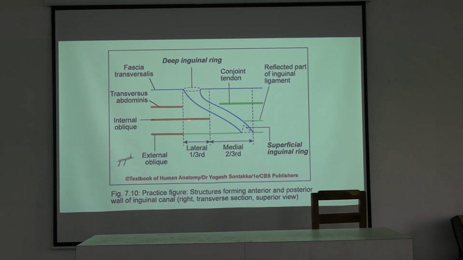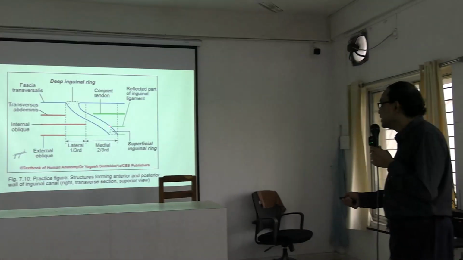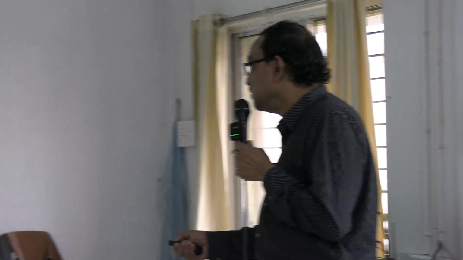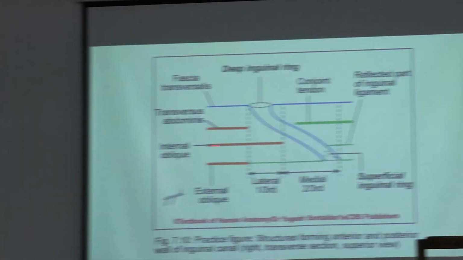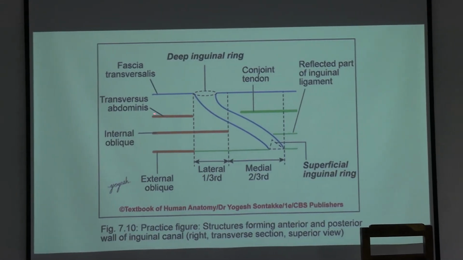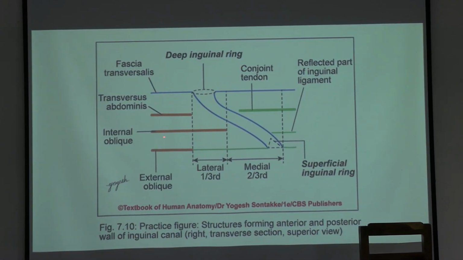Similarly, this is internal oblique, and you can see the transversus abdominis.